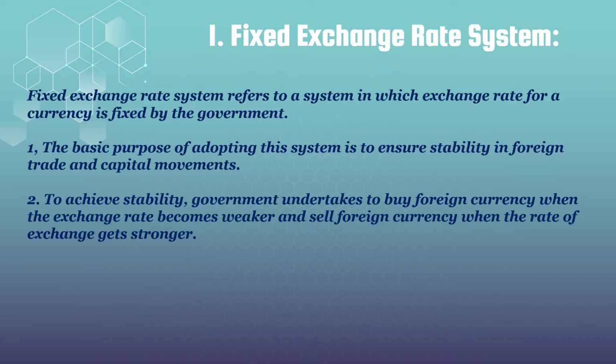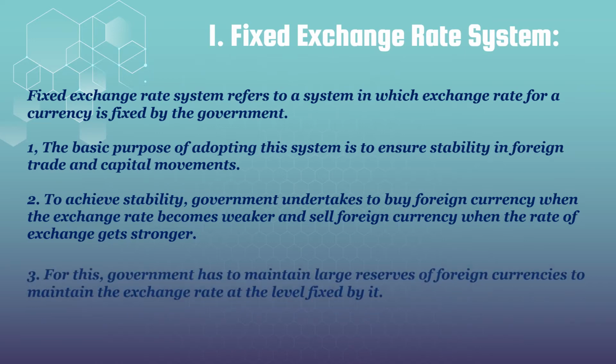So we can buy that currency at the price of 59, and if the currency becomes stronger, if it is upgraded by 2 rupees, it becomes $1 for rupees 61. Then what does the government do? Government should sell that currency in order to gain profit.